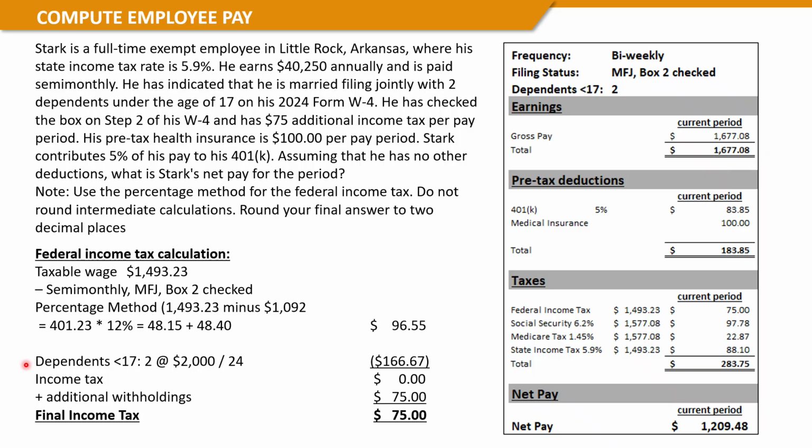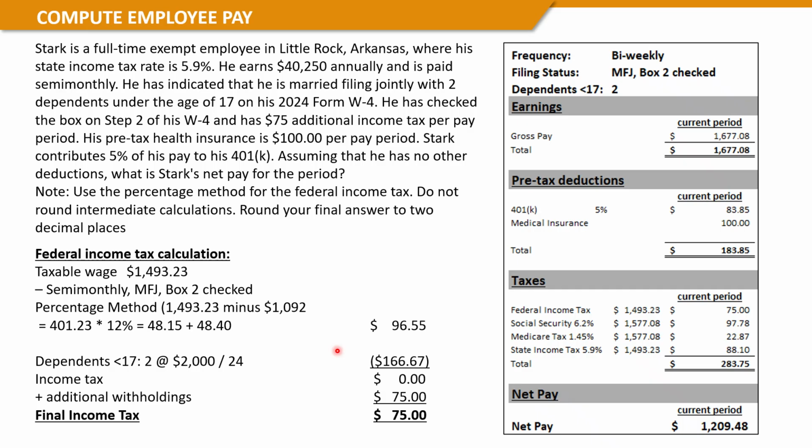Next, we calculate the dependent deductions by multiplying the two dependents under 17 times 2,000 and then dividing the amount by 24 to obtain the semi-monthly amount, which is $166.67. Now, super important, the net amount after subtracting the dependent deductions from the tax cannot be negative.